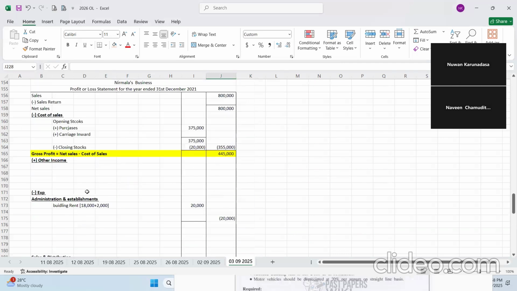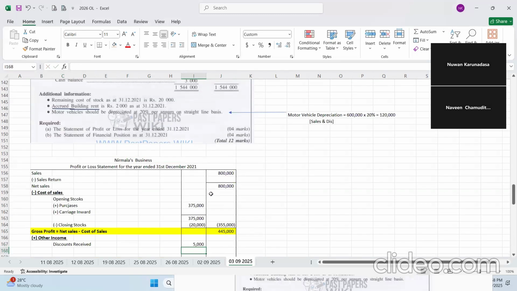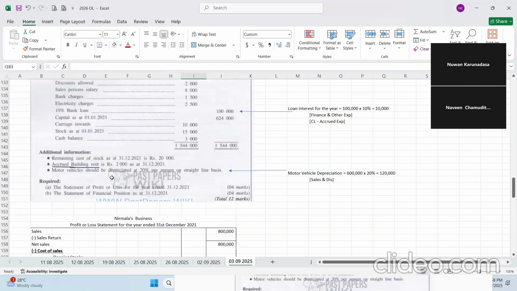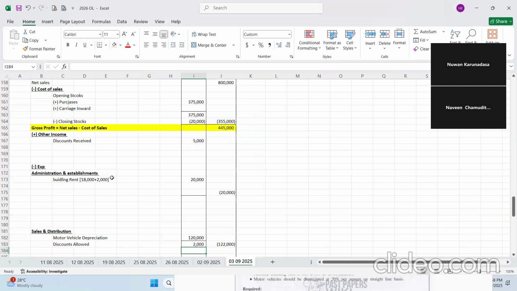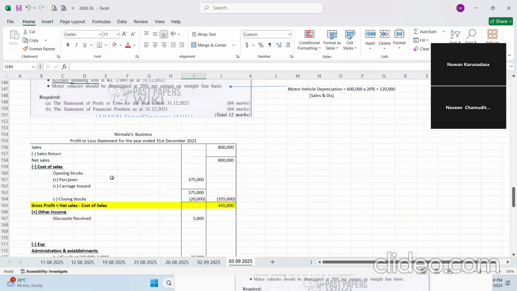Discount received 5,000, other income. It's received. Discount received 5,000. Then discount allowed 2,000, sales and distribution. Discounts allowed 2,000. Then salesperson salary, sales and distribution.